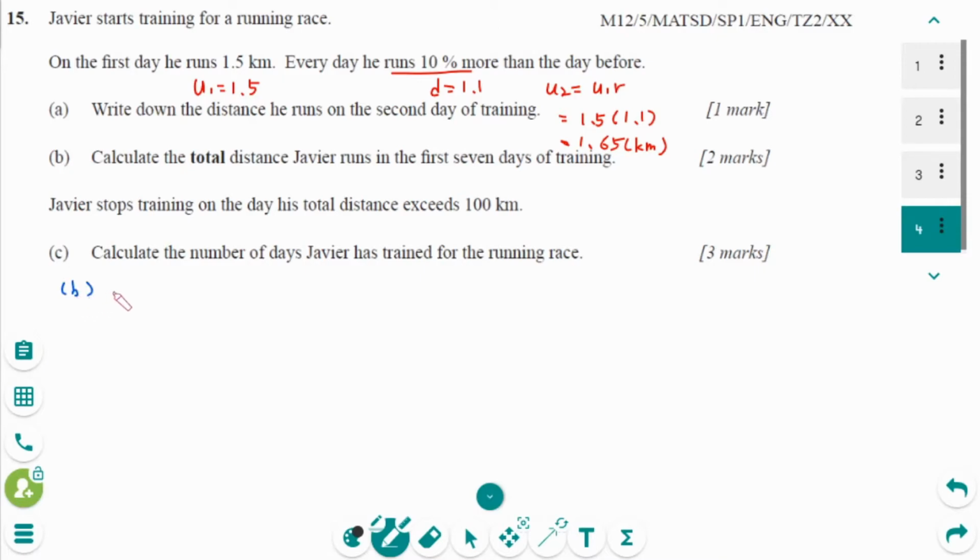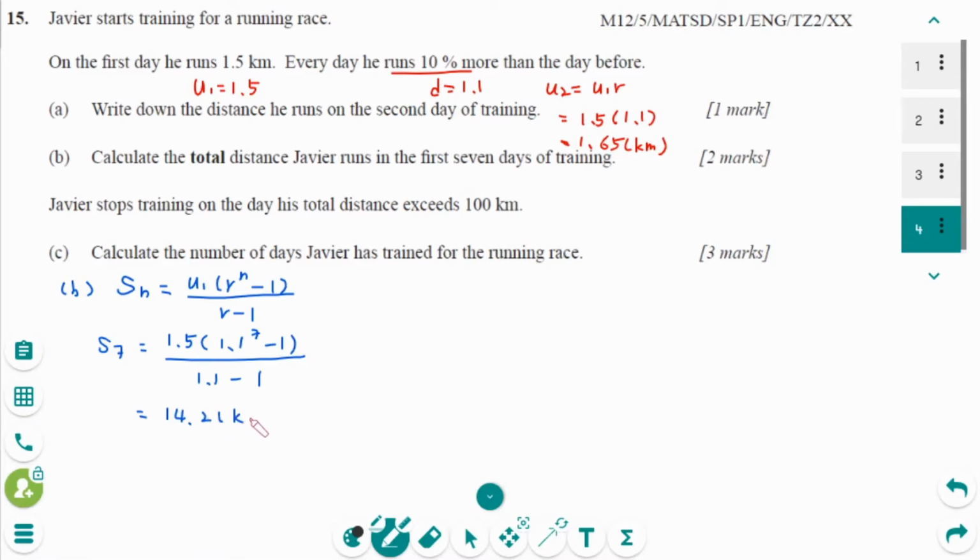Number B. Formula: Sn equals U1 times r to the power of n minus 1 over r minus 1. So S7 equals 1.5 times 1.1 to the power of 7 minus 1 over 1.1 minus 1, which is 14.2 kilometers.